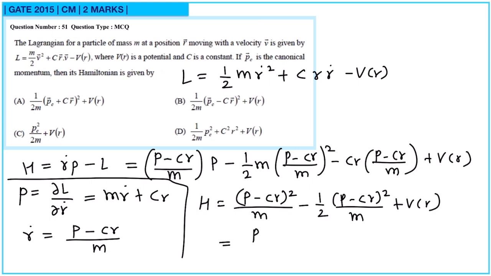So this will be equal to (p minus c r) square by 2m plus V of r. Here I am taking this (p minus c r) common, so you will have (p minus c r) by m again. After simplifying you will get this, and this is equal to option number B.